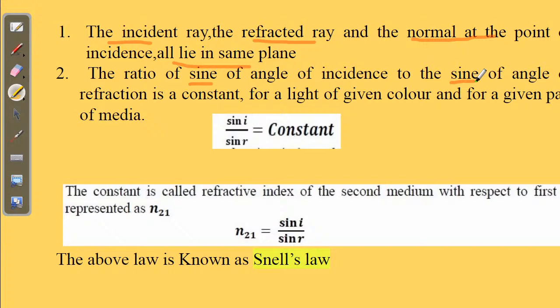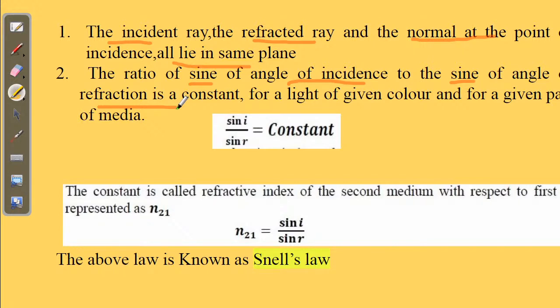Till then, you have to remember this statement: the ratio of the sine of the angle of incidence to the sine of the angle of refraction is a constant. You will get a constant for a particular color of light and for a given pair of media.